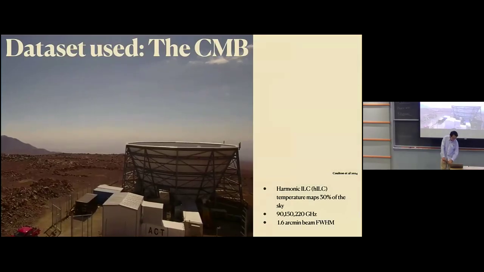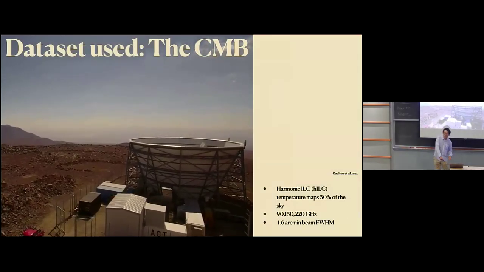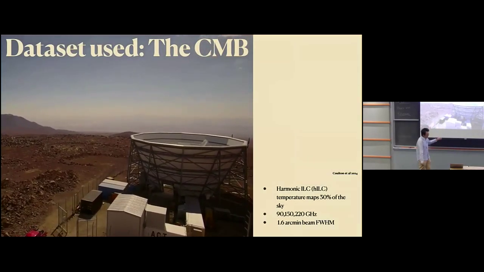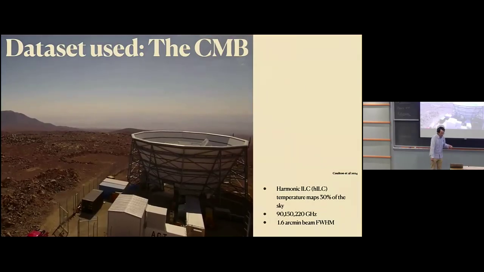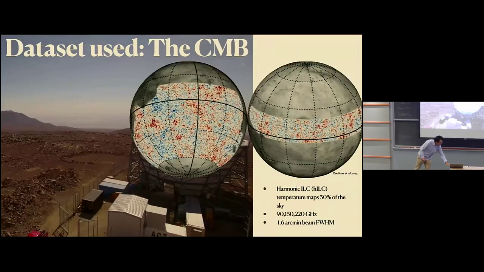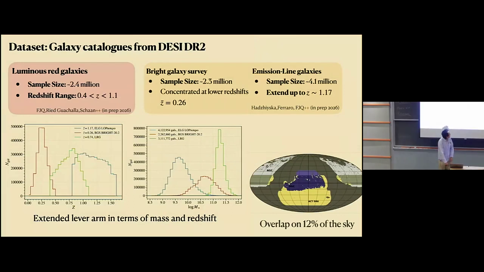The data that I'm using is CMB data from ACT, taking these harmonic ILC measurements at 90, 150, and 220 gigahertz. This has a very nice 1.6 arcminute beam and covers around 30% of the sky. For this set of measurements, we are using the DESI DR2 samples.